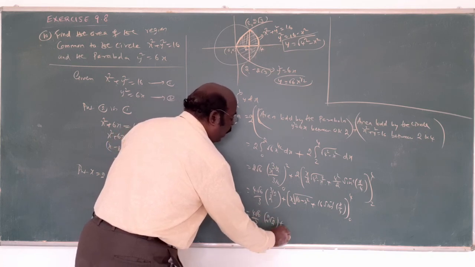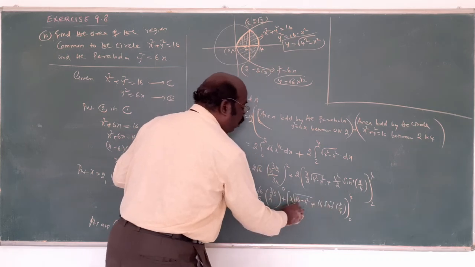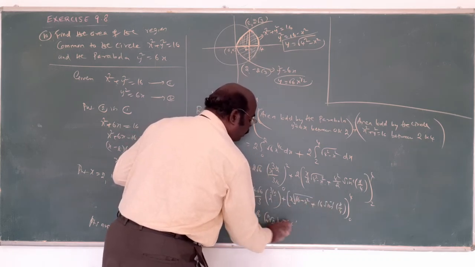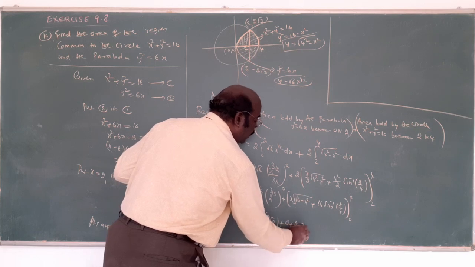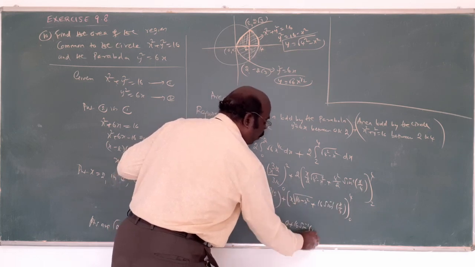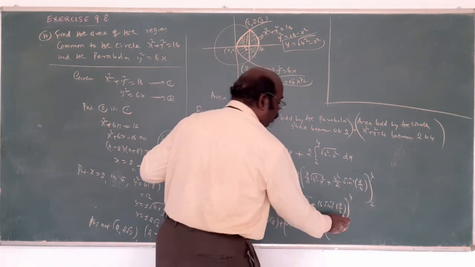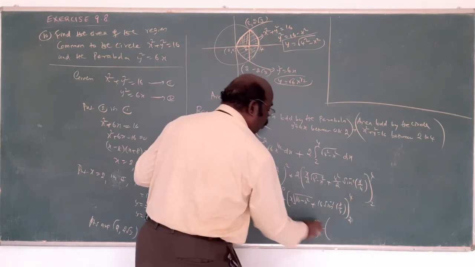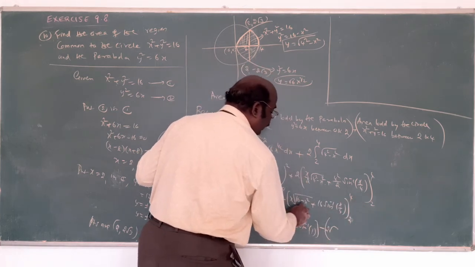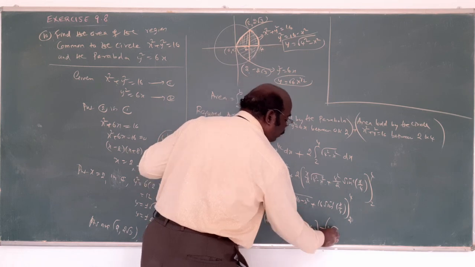Am I right? Plus upper limit x is 4. 4 into root of 16 minus 4 squared is 0. Plus 16 into sin inverse of 4 by 4, which is 1. This is the upper limit. Minus lower limit, 2, you know. 2 means 2 into root of 16 minus 2 squared, 4 or 12.